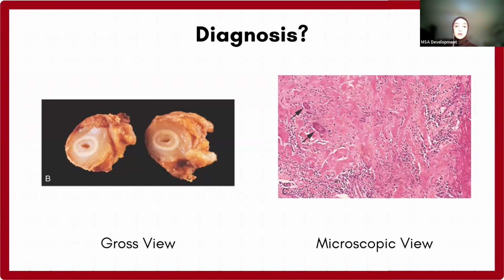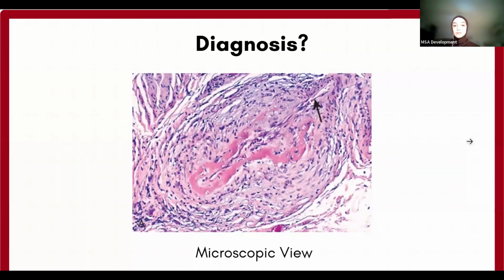This one we have polyarteritis nodosa. In polyarteritis nodosa, the main symptoms are fever, weight loss, and malaise, and in the center of the vessel, you will see the formation of a thrombus. The pink areas around the vessel signify fibrinoid necrosis.